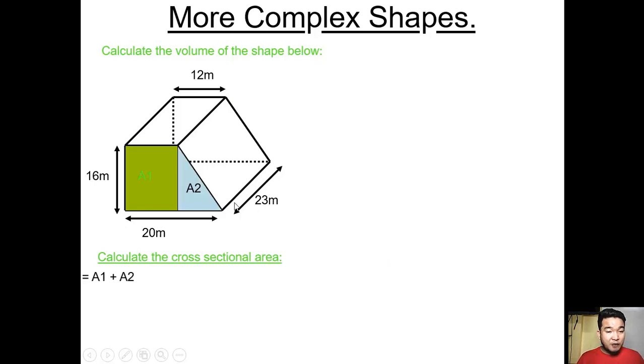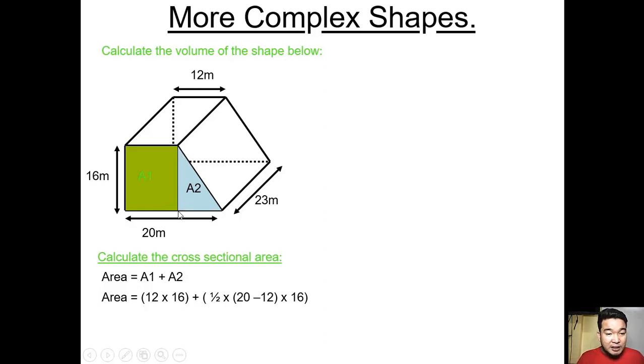And then for the second one, we have, if this is 12, so this is equal to 8 times 16. Okay, so we have 12 times 16. Saan nanggaling si 12? Ito yun, ano? This is equal to 12 and this is equal to 16 to get the area of the rectangle plus the area of the triangle.